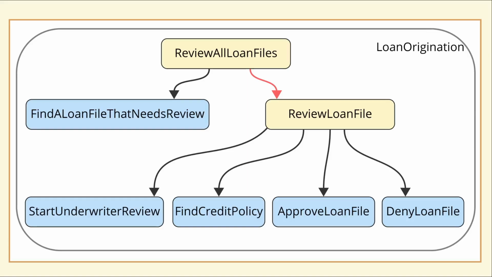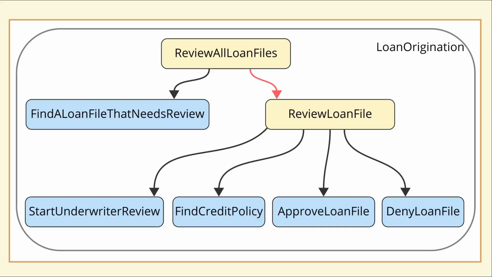So we've broken the code in review loan file by changing the interface to review loan file. That's not so surprising. It is kind of surprising that we don't actually have to fix any domain logic. What's even more surprising is we also should have needed to fix domain logic in review all loan files because we broke the contract between these two commands, but we did not have to do that.